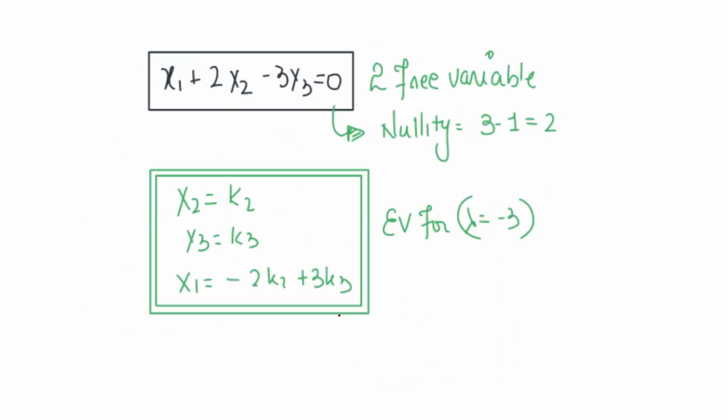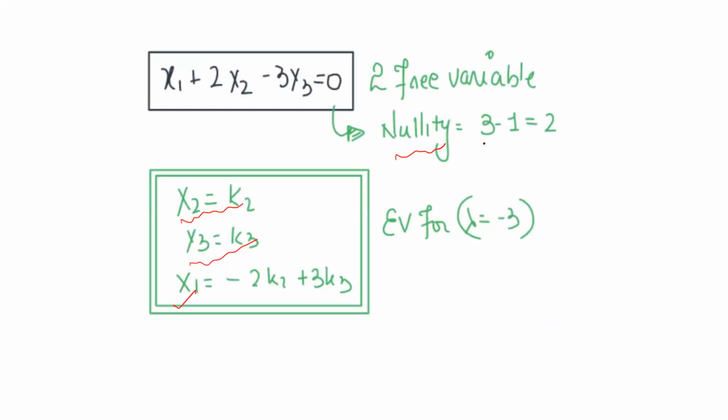We will get this. So this equation will be like that: x1 plus 2x2 minus 3x3. Okay, so we can put here x2 is equal to k2, x3 is equal to k3. So x1 will be minus 2k2 plus 3k3.